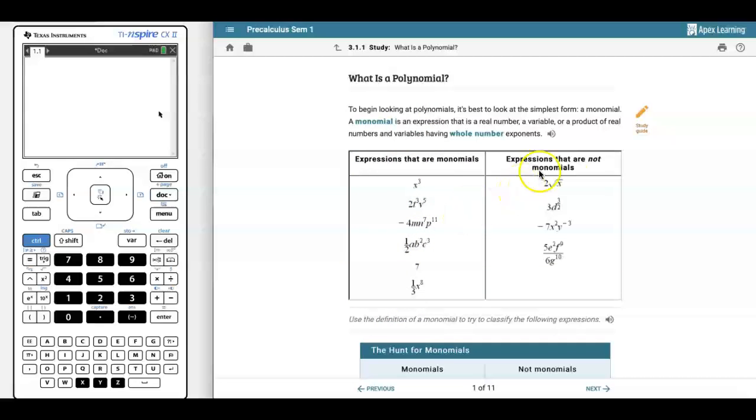Something that is not a whole number exponent would be this square root here. Technically, this square root stands for x to the 1/2 power. And if you don't believe me, look over at my calculator.